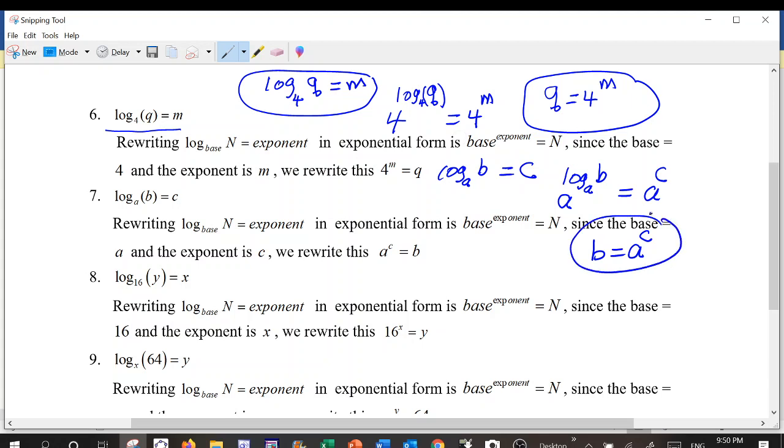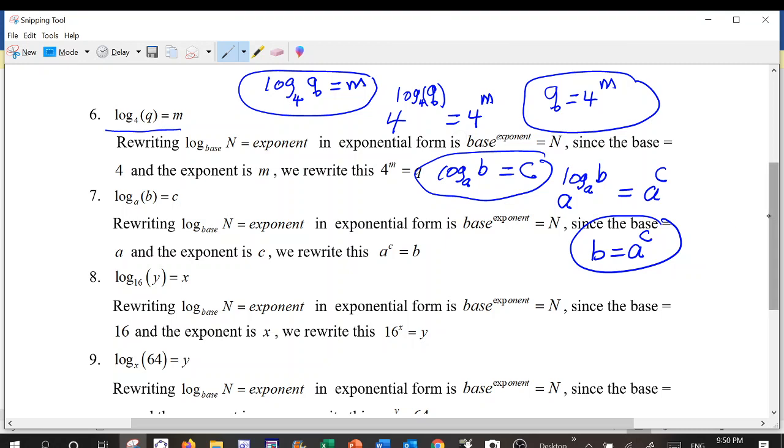Again, this is exactly the same as this. This one says a to the power of c equals b. Okay, the same thing.